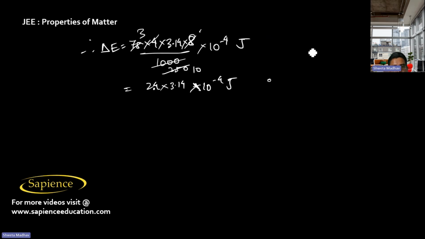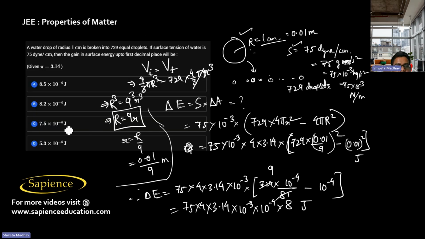So 2.4 into 3.14 that we have to find out, which is approximately 7.5. 7.5 approx into 10 power minus 4 joule. So option C is the correct answer.